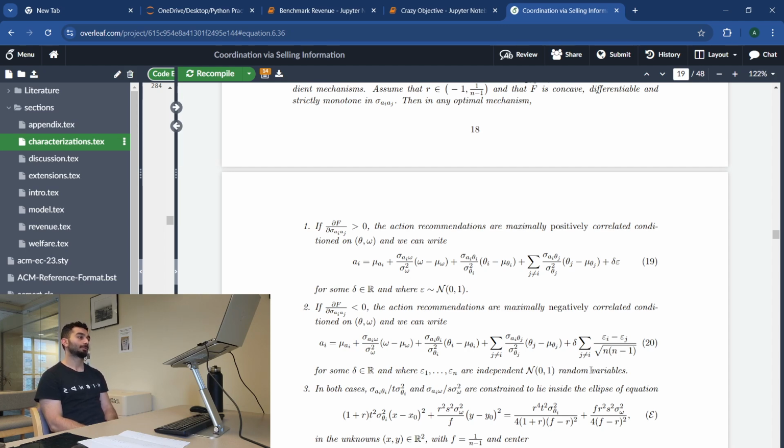What does this mean? I not equal j. So it's like epsilon 1, well, epsilon 2 minus epsilon 1. Oh, fuck.